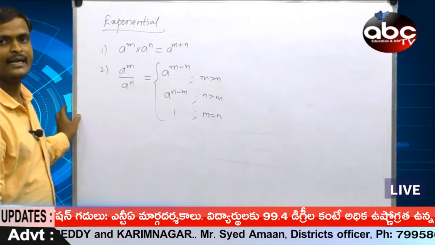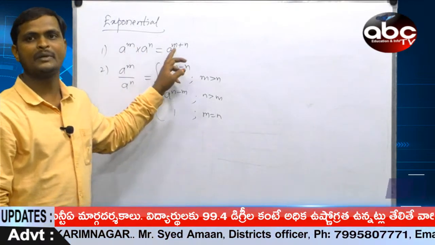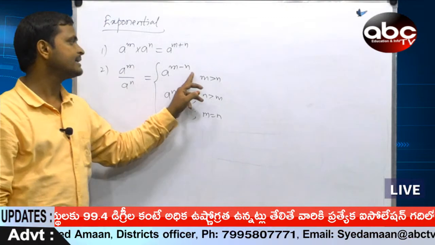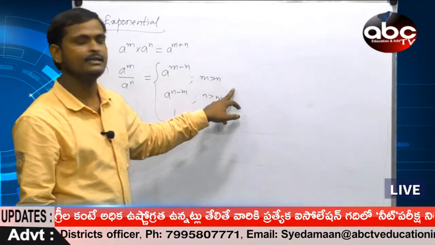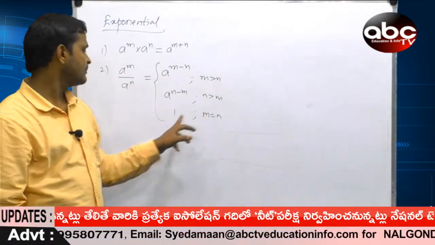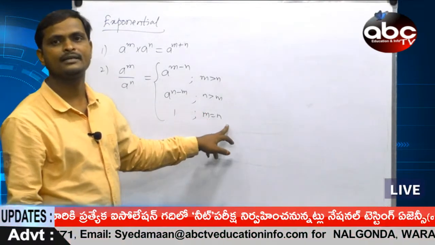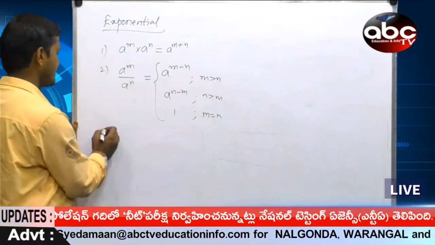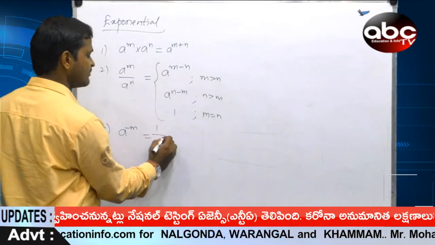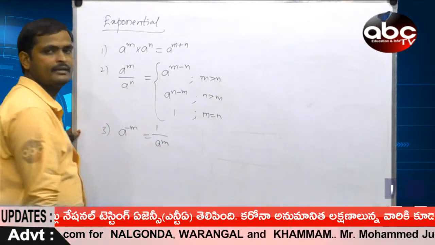Okay students, a power m into a power n, a power m plus n; a power m by a power n, a power m minus n when m greater than n, a power n minus m when n greater than m, 1 when m is equal to n, means the powers are equal. Next, a power minus m is equal to 1 by a power m.